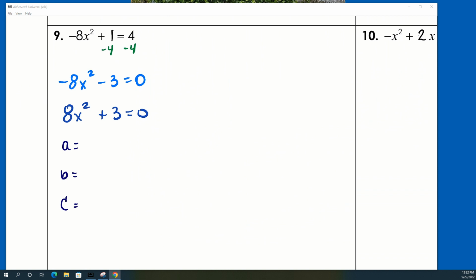All right, so you guys write down what A, B, and C are, please. This one is a little bit tricky.